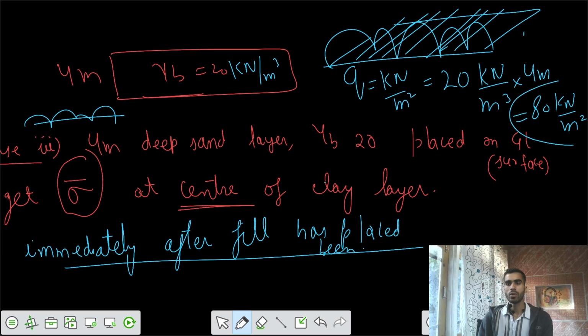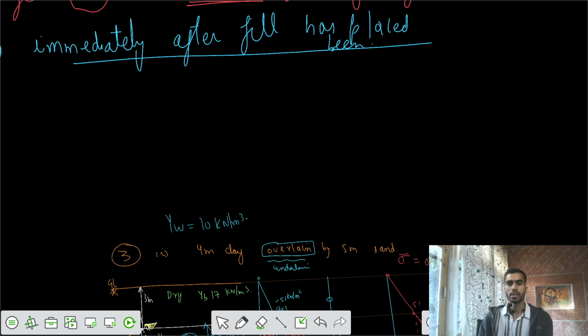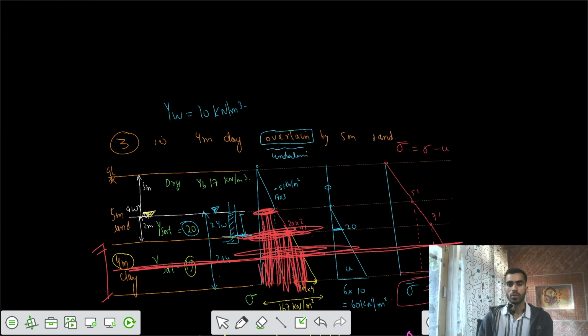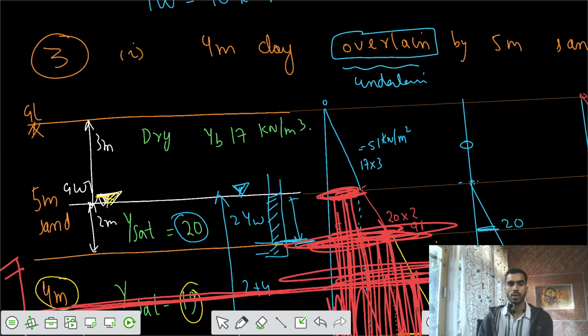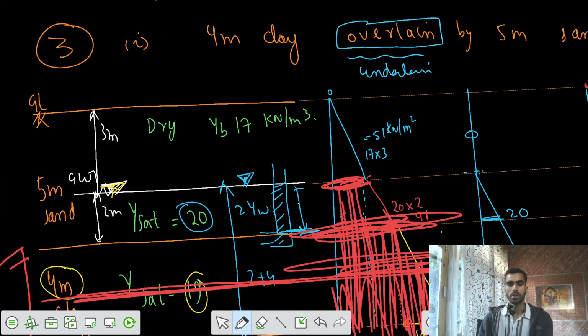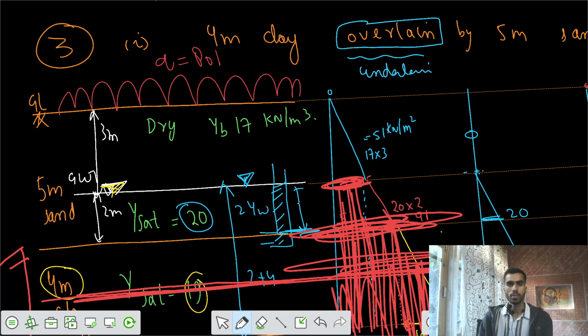So let's place that surcharge of 80 kilonewton per meter square at the ground level. So this is your Q equals 80 kilonewton per meter square.